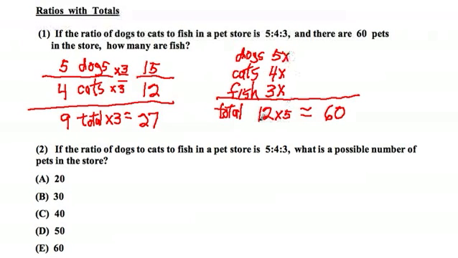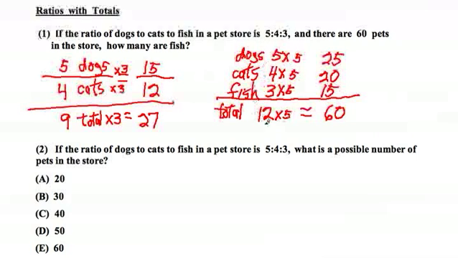You have to have the total line, find what you have to scale it by, and so we scale each of these by 5. So we get 25, 20, and 15.